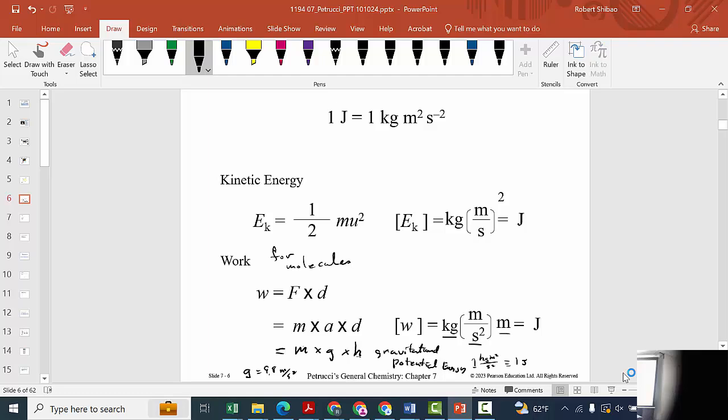And so for molecules, the kinetic energy is more complicated because it is going to be the translational kinetic energy, that is the 1/2 mu squared, plus the vibrational kinetic energy, plus the rotational kinetic energy.